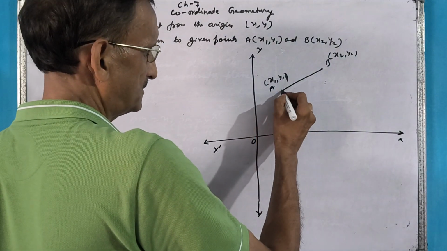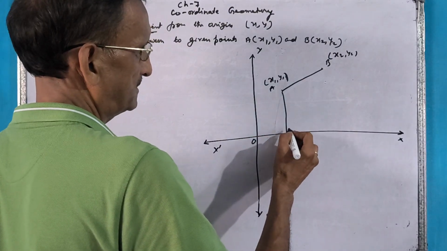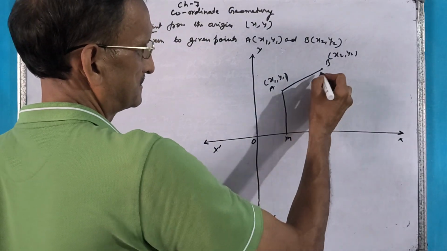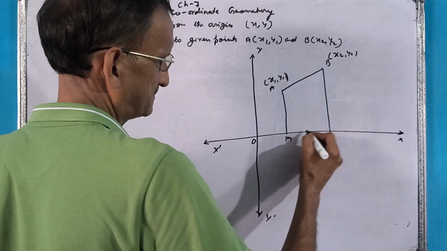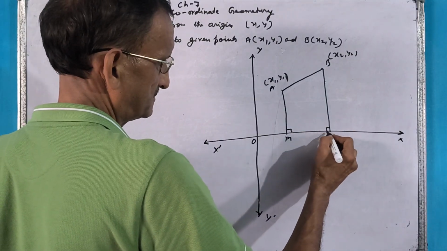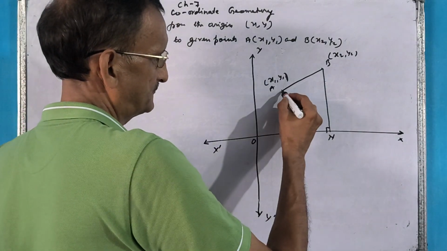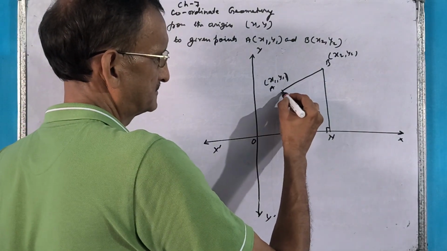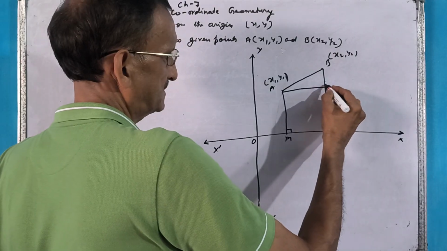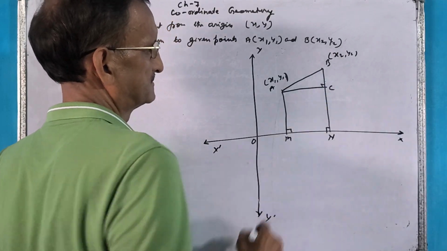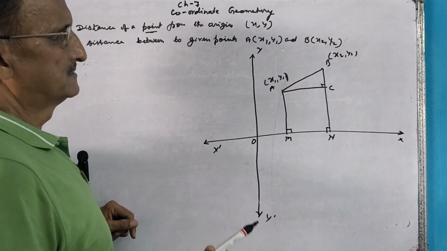Now what do we have to do? We have to draw perpendiculars AM and BN. Give the symbols; on the x-axis you can take any name. From A also draw a perpendicular, say AC. Understood?